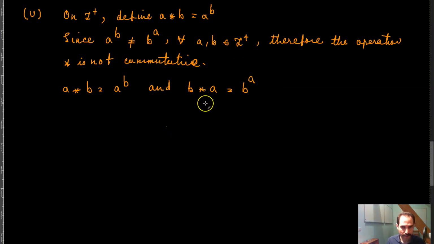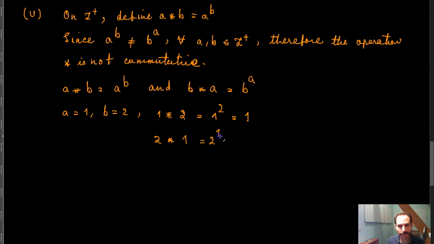Now, if I take, for example, a as 1 and b as 2, then 1 star 2 would be equal to 1 raised to the power 2, which is equal to 1, and 2 star 1 is equal to 2 raised to the power 1, which is equal to 2. So therefore, you can say that star is not commutative.